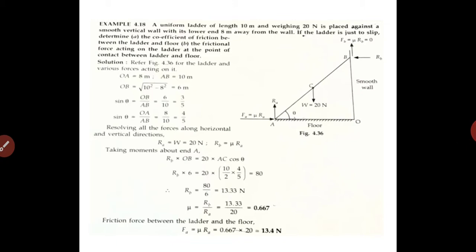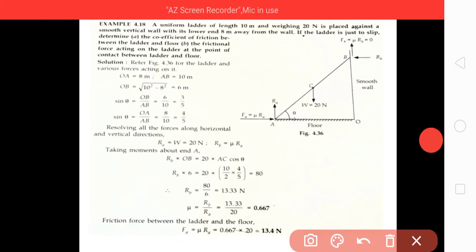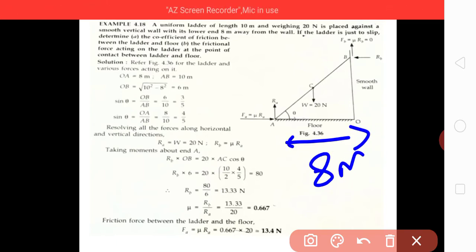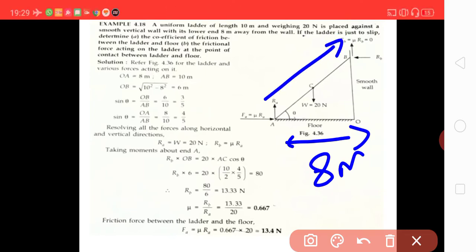Now this is the second problem, 4.118. A uniform ladder of length 10 meter and weighing 20 Newton is placed against a smooth vertical wall, with the lower end 8 meter away from the wall. This length is 8 meter. The ladder is of 10 meter length.